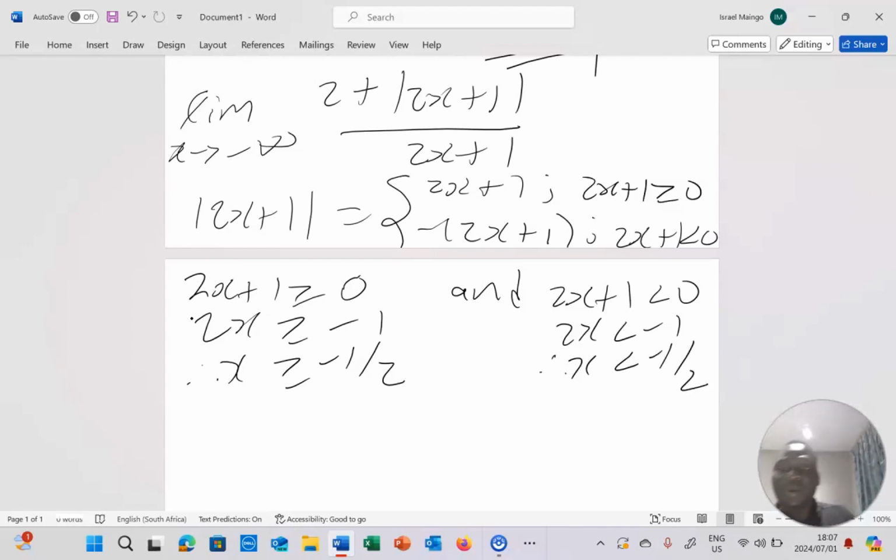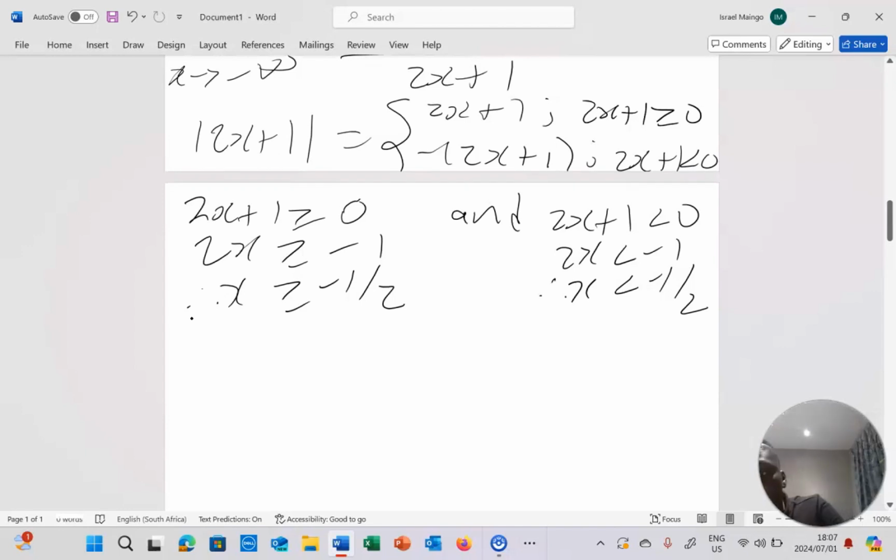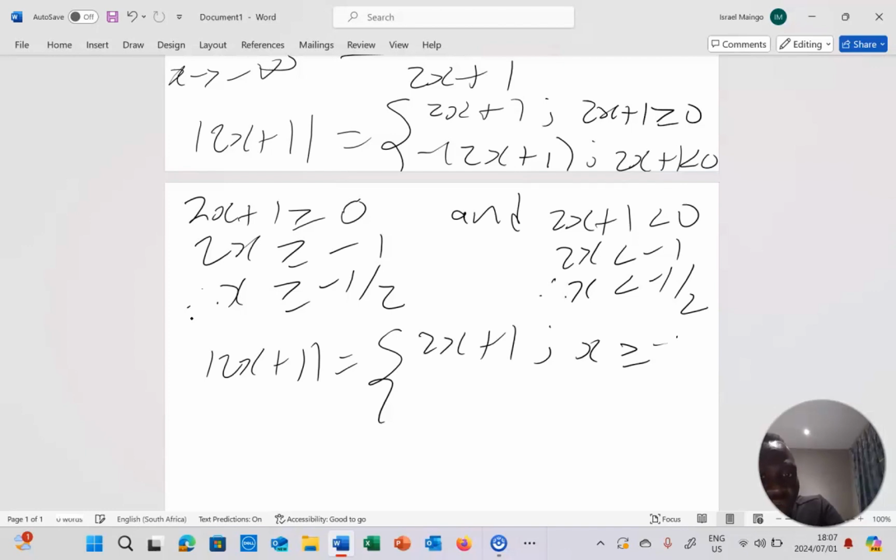So that's what we're talking about. It means that the absolute value of 2x plus 1 is equal to 2x plus 1 if x is greater or equal to minus 1 over 2, and it will be negative (2x plus 1) if x is less than negative 1 over 2.